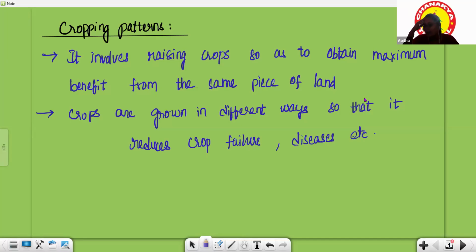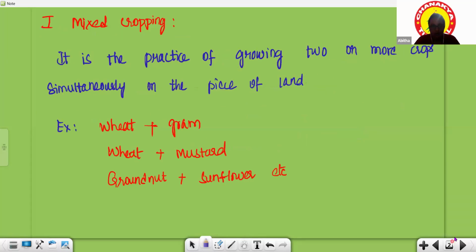Crops are grown in different ways so that crop failure is reduced and the tendency of diseases to spread also decreases.